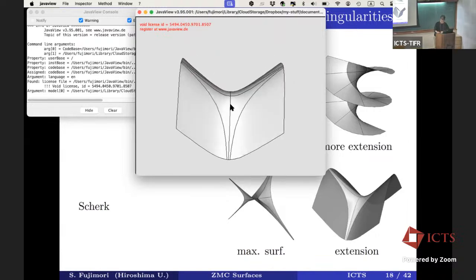In this case, we have an entire graph. As I mentioned before, as a minimal surface in R3, an entire graph must be a plane. Also for a maximal surface, an entire graph must be a plane. But as a zero mean curvature surface of mixed type, we have this example other than a plane.